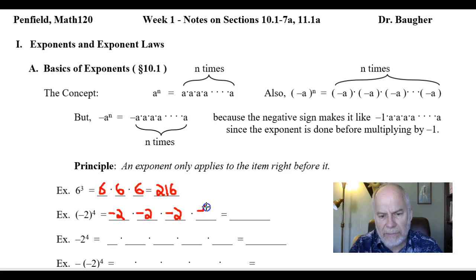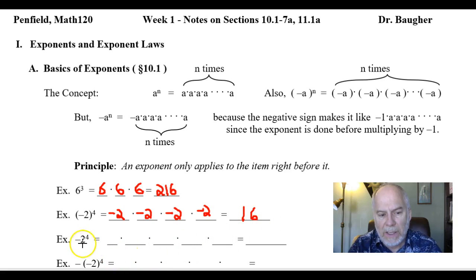Because right before the exponent is the parentheses, we take everything in the parentheses 4 times. An even number of negatives makes a positive, so we end up with positive 16.